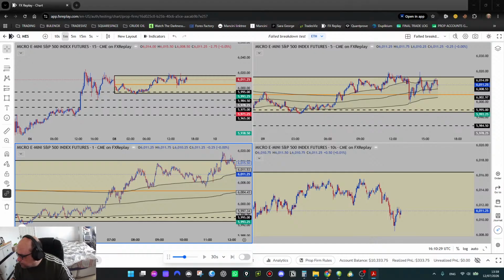Sorry for yawning, but okay. Monday evening, reclaim long. What's the level reclaim? Hmm, that's interesting. There's a level reclaim which is a little bit not as powerful as the failed breakdown.